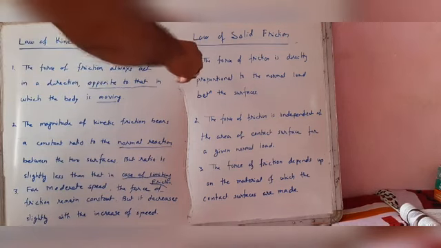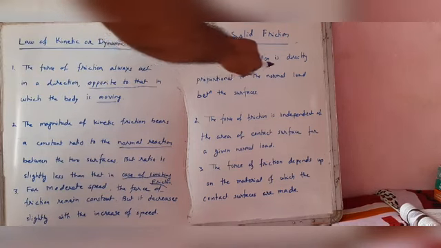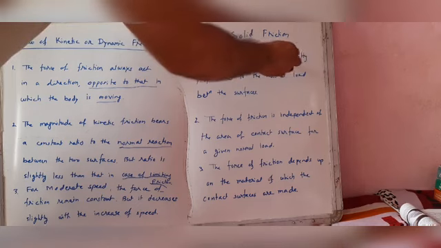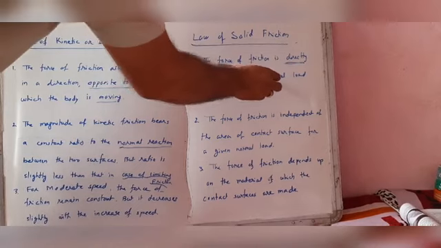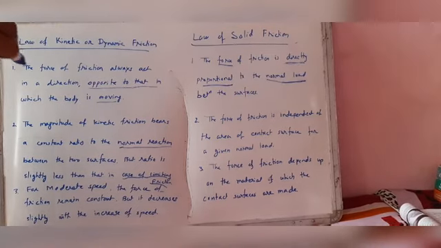देन नेक्स्ट इज law of solid friction. अब जो सॉलिड होते हैं वहां पर फ्रिक्शन के लिए बोल रहा है, the force of friction is directly proportional to the normal load between the two surfaces. जो आपका नॉर्मल लोड है उसके डायरेक्टली प्रोपोर्शनल रहेगा.